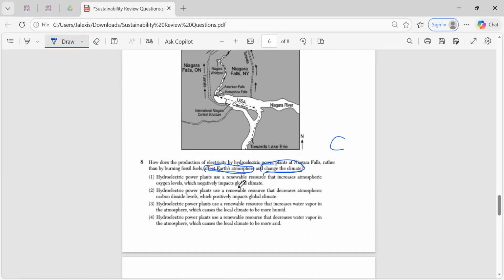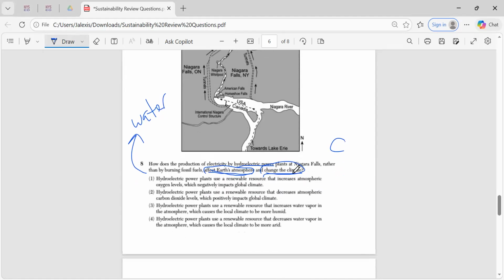So let's take a look at my choices, and we're going to see which choice is true or false. When I look at one, it says hydroelectric power plants use a renewable resource. We've learned that hydroelectric power plants are using what renewable resource? Water. That is true.